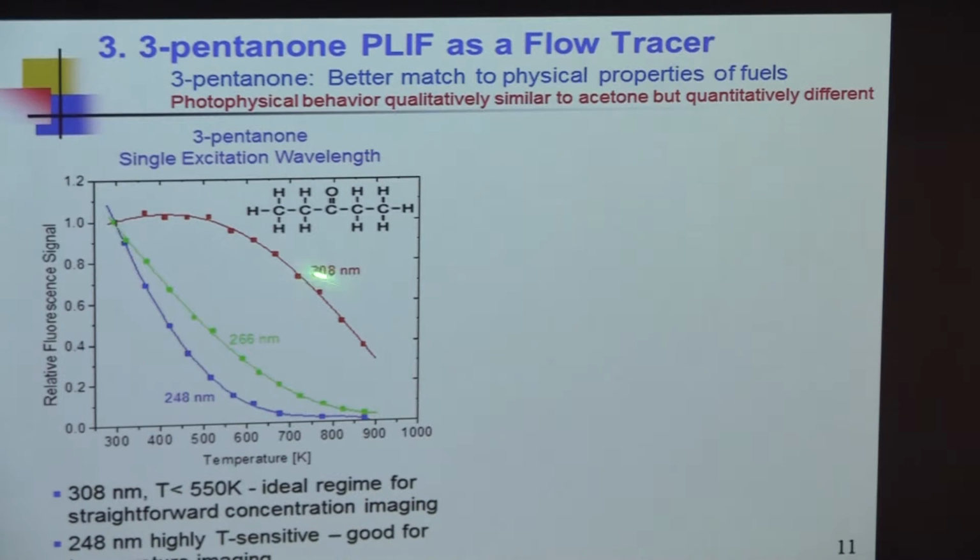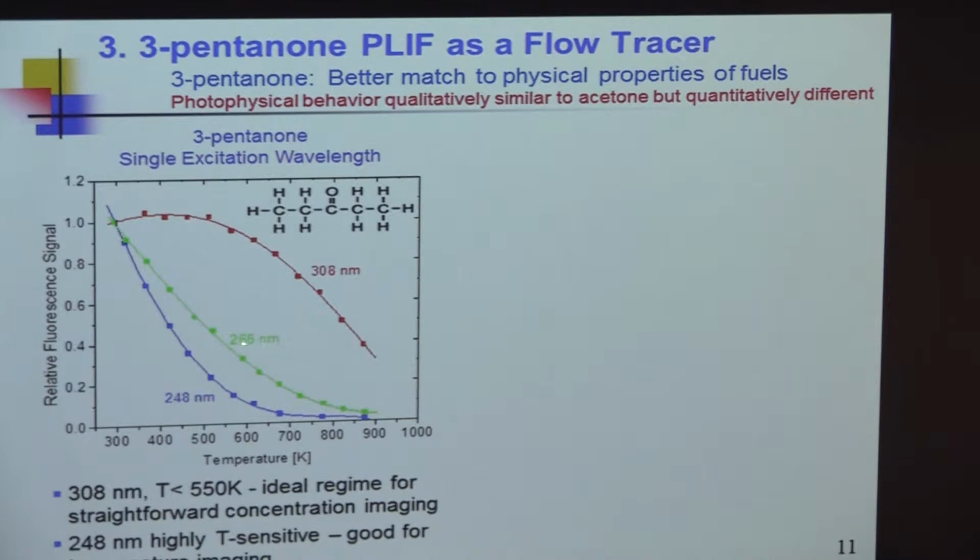This is an example of what we have to do. So we might measure the relative fluorescence signal per molecule for this 3-pentanone. So 3-pentanone is like acetone with one more carbon instead of hydrogens here. So there's 5 carbon atoms. If we excite at 308, we see the signal, and here's temperature, we see that the signal per molecule is kind of constant and then dies off.